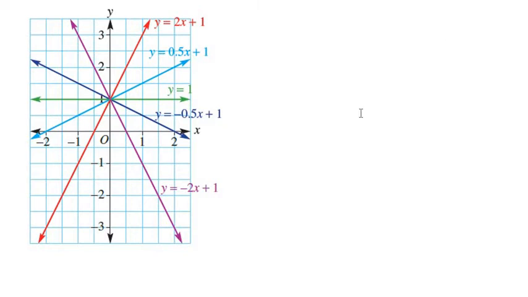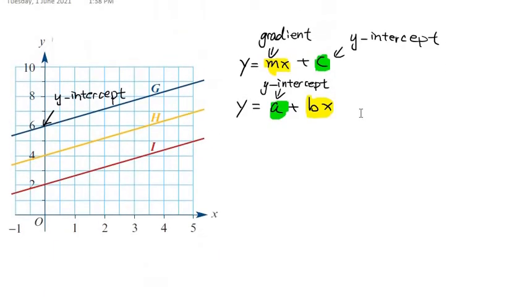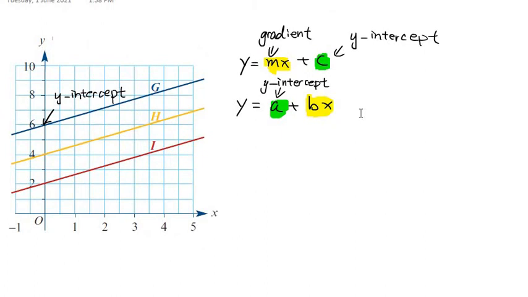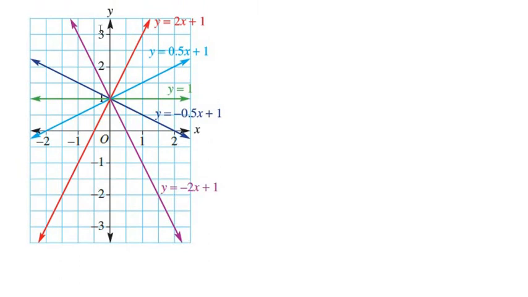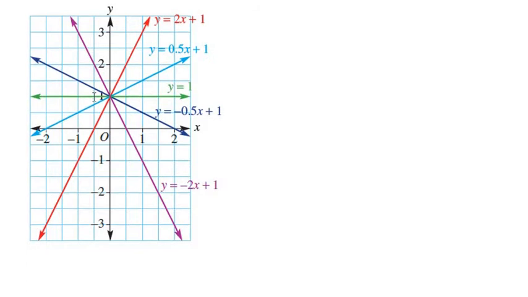Unlike the previous picture, where lines had the same gradient but different y-intercept, all the lines on this graph have the same y-intercept but different gradient. You can see that they all pass through the same point on the y-axis.